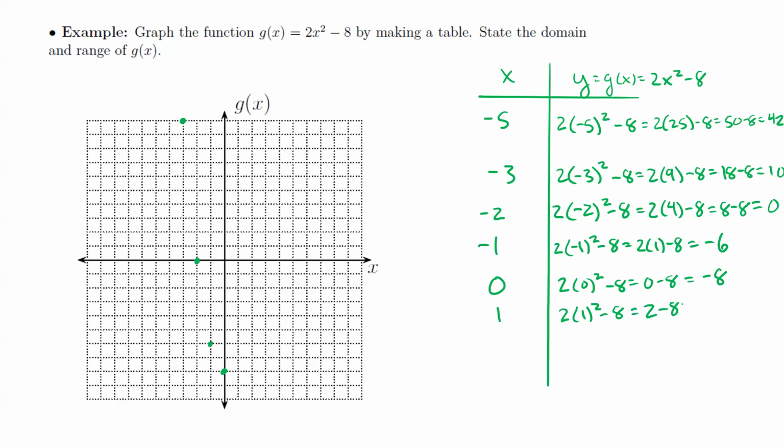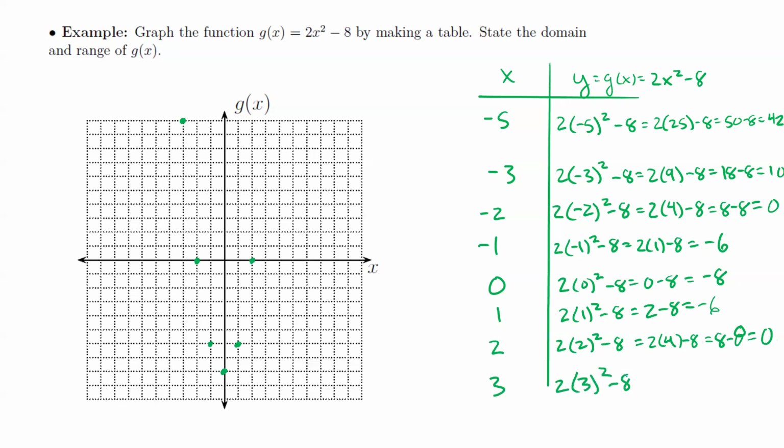Right? 2 minus 8 is negative 6. And then 0. And you can probably guess what this one will be, right?